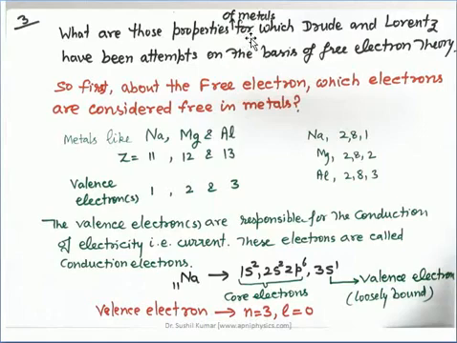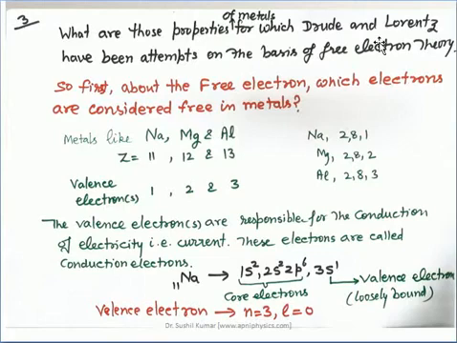Now, what are those properties of metals for which Drude and Lorentz made attempts on the basis of free electron theory? Electronic properties of solids are explained on the basis of the free electron theory model that was proposed by Drude and Lorentz.